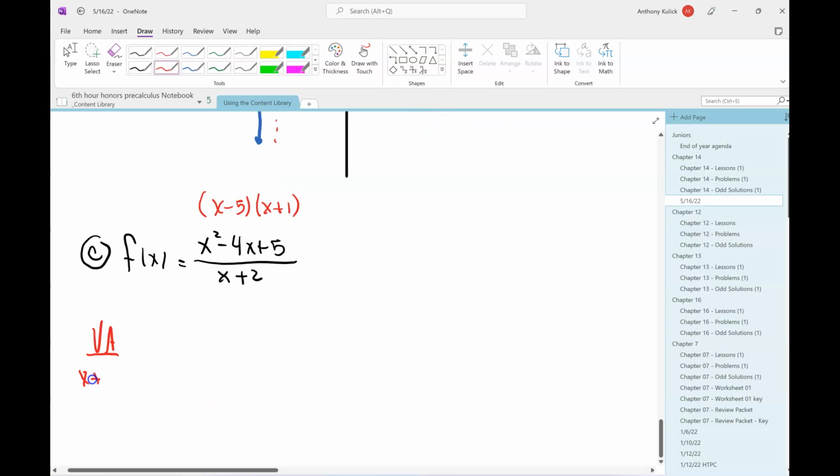Any questions on how I factored that? You guys remember how to factor stuff like that? So we are in case 3.